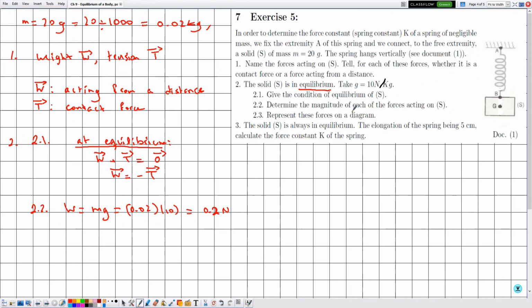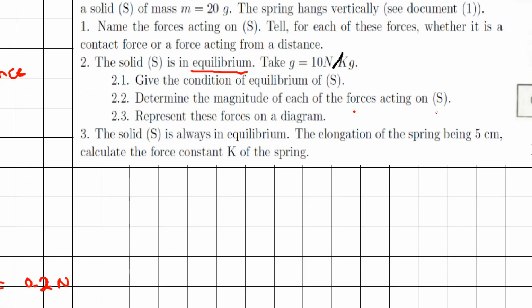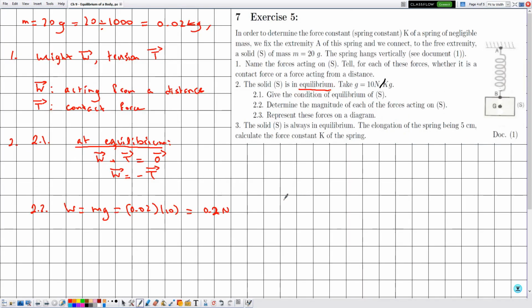So we are interested in determining the magnitudes of each of the forces, which means that we need to determine W and we need to determine T. Then let me say that W vector is equal to minus T vector. Then extracting from this relation the relation between the magnitudes.